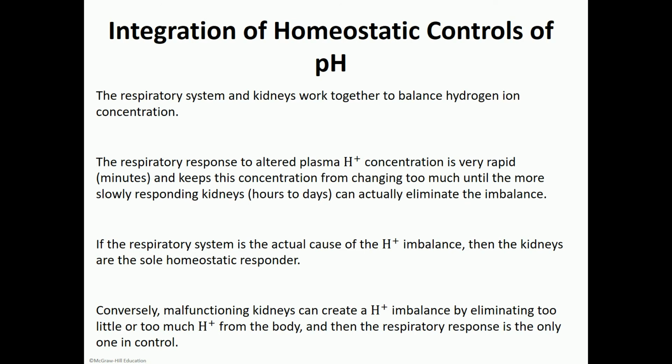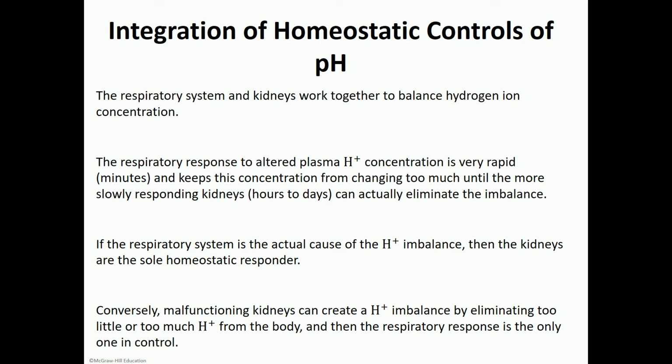Now for the homeostatic control of the pH levels, that is a function of coordinated effort between the respiratory system and the kidneys. Both of them have to work together in order to maintain a normal pH level. The lungs expire, or exhale, carbon dioxide, and we should know how carbon dioxide can be translated into acidity.